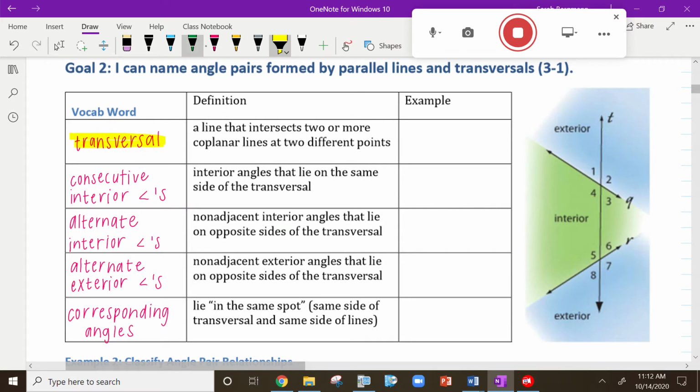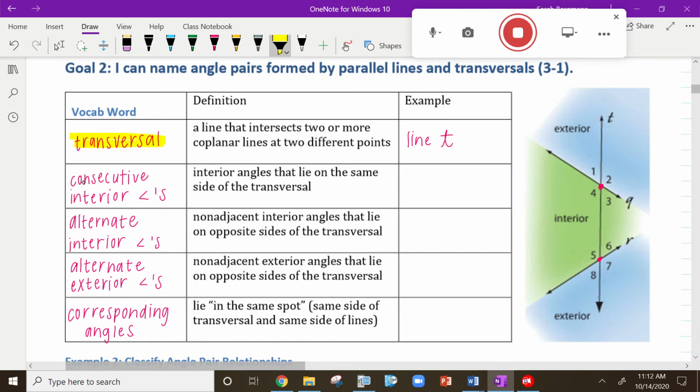For example, in the diagram, this line T intersects line Q and line R, so it intersects two or more lines that are on the same plane at two different points. It intersects here and here. Those points are not given a name on the diagram, but we see that it intersects at these 2 points. So the example of the transversal is line T.